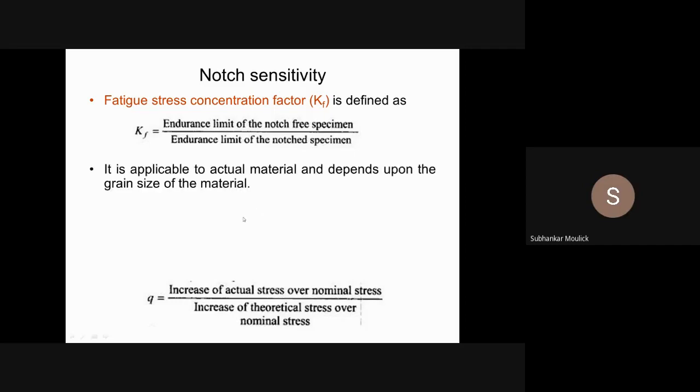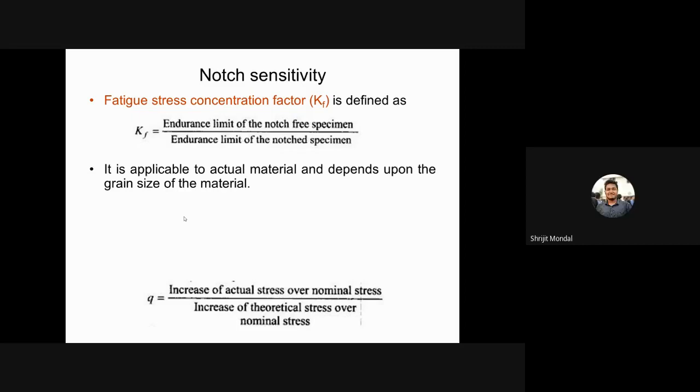So this fatigue stress concentration factor is applicable to actual material and depends upon the grain size of the material, because for an ideal material there will be no notch, grain size will be uniform throughout, but if you take an actual material, never is the grain size uniform. I think you might have studied this in material science, yes or no?